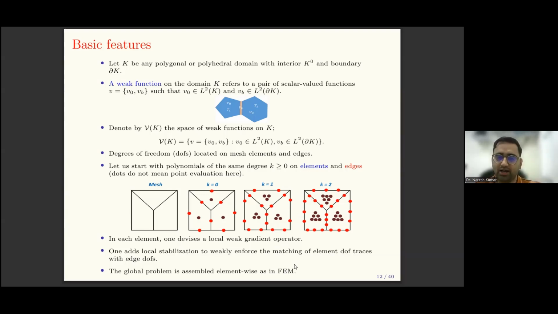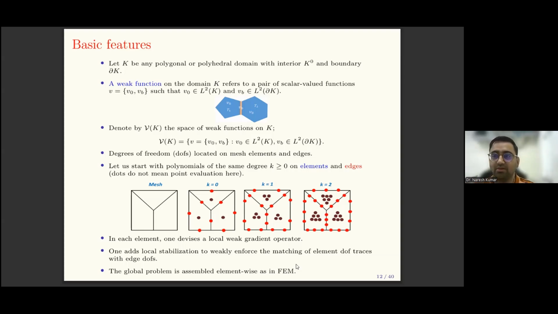And then we add a stabilization part to weakly enforce the matching of elements. So basically, here you can clearly see, inside the element we are taking one function, and for the edges part, we are taking a different function. So we have two different functions.